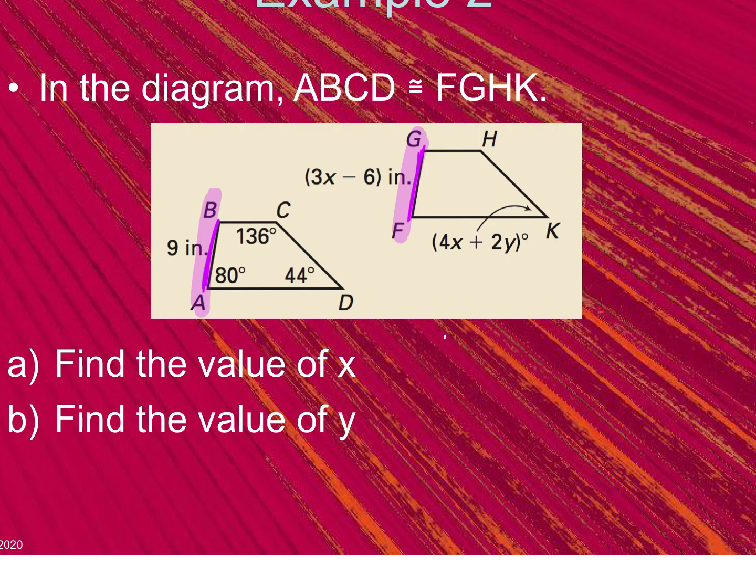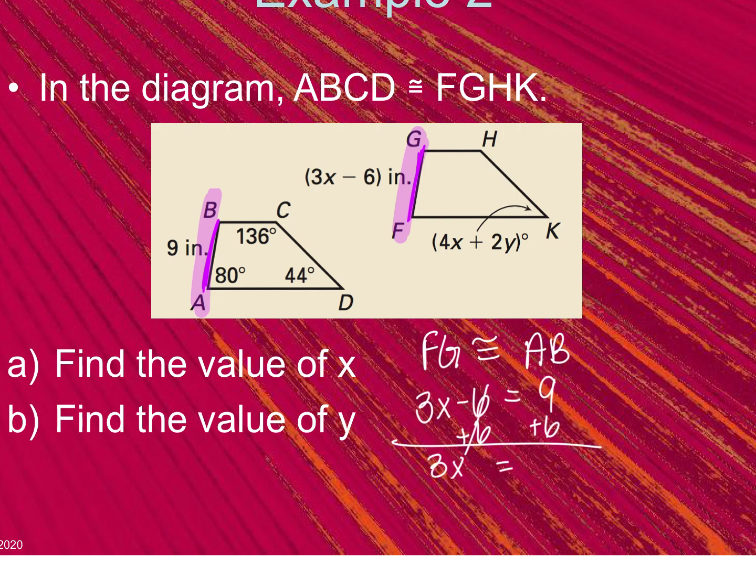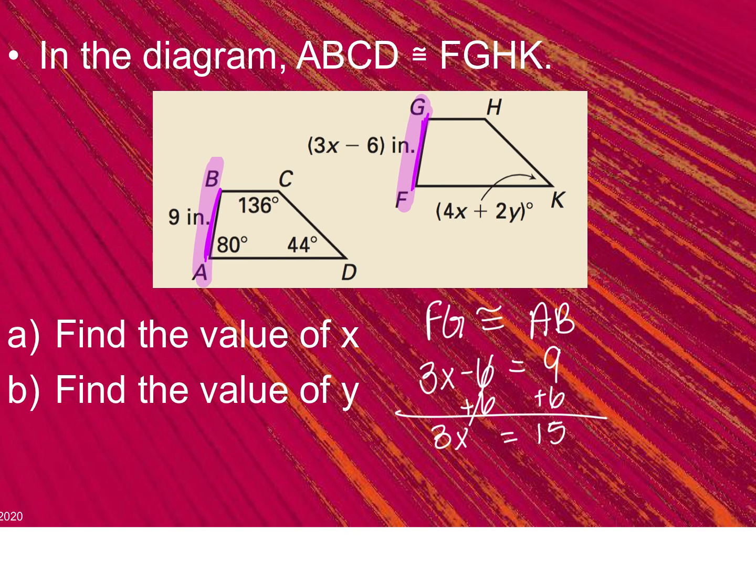FG is congruent to AB, so I can set it up as 3x minus 6 equals 9. How would I solve for x? I'm going to add 6 to both sides. I get 3x equals 15. Divide both sides by 3. x equals 5.